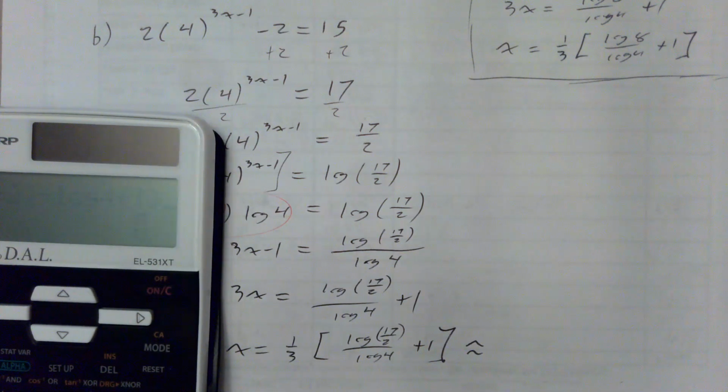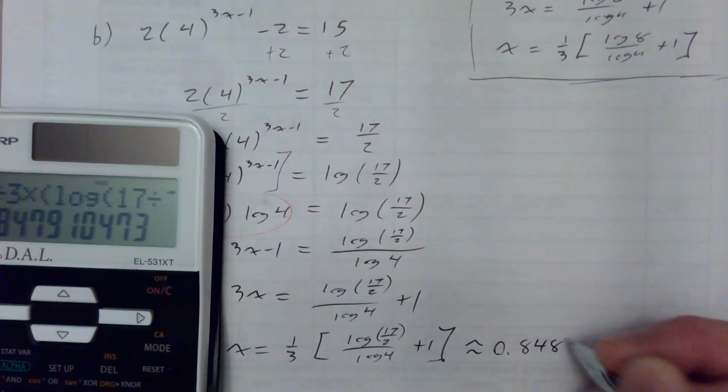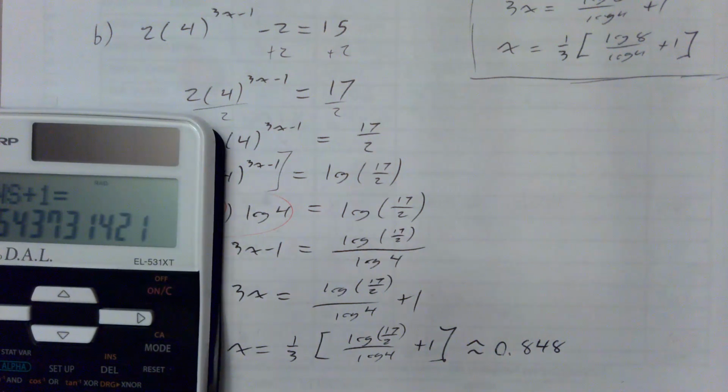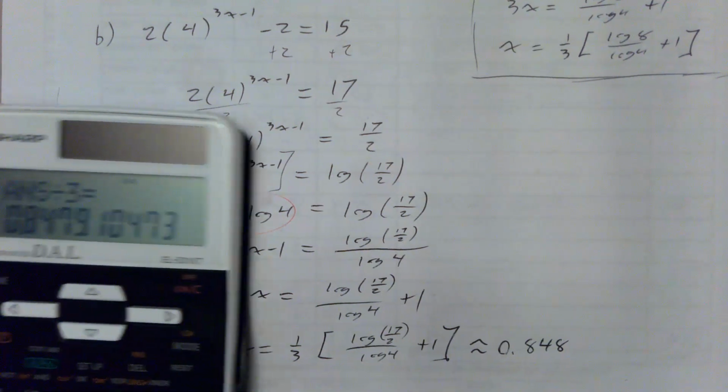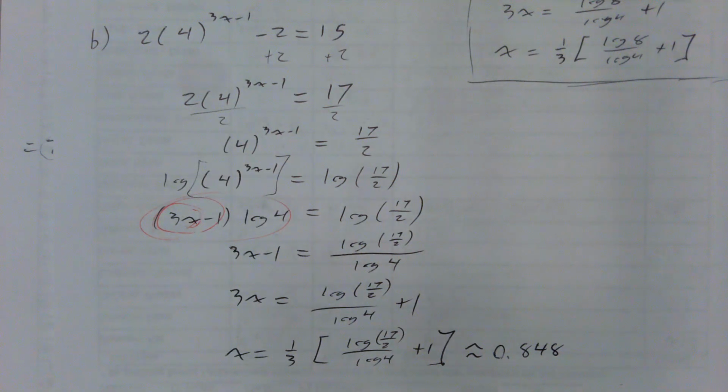Close that bracket. And I get about 0.848, I guess. Let's try it once more, because there's a lot of places where I could have made a mistake. I'll do 17 divided by 2 equals, the logarithm of that equals, divided by log 4 equals, plus 1 equals, divided by 3 equals, and yeah, I get the same number. There you go. Okay.